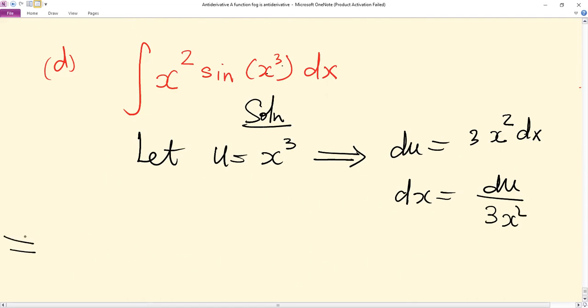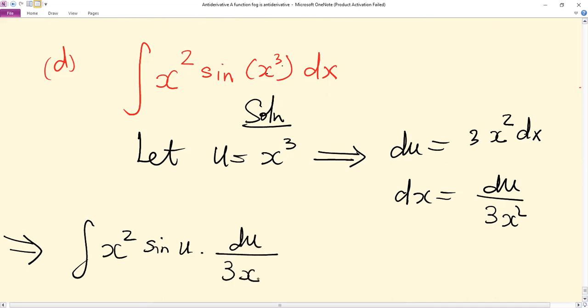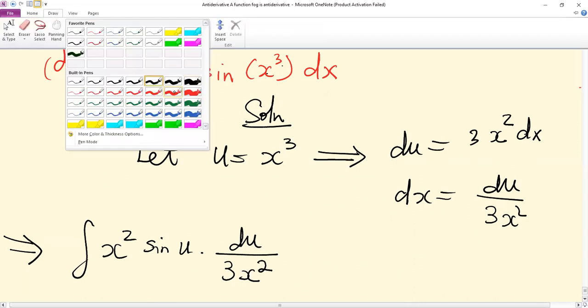So this means now the integrand x squared, we have sine. Now I have already fixed this one to be u. Then I multiply by dx, which is du over 3x squared. You see, by doing that, x squared and x squared cancels out.